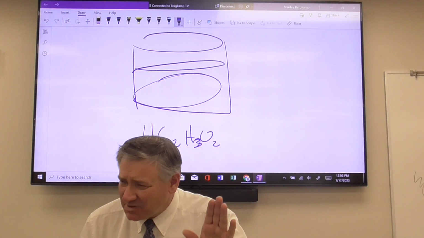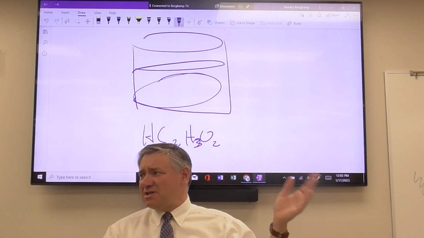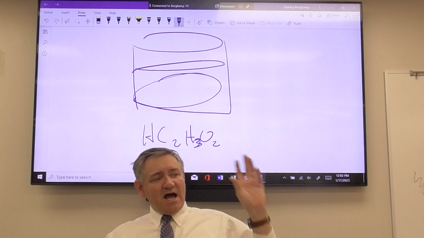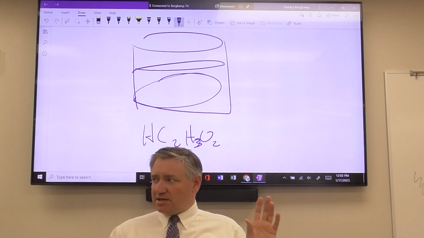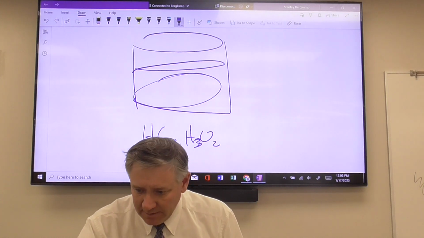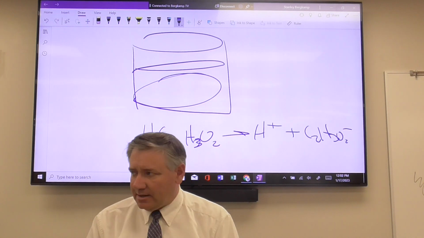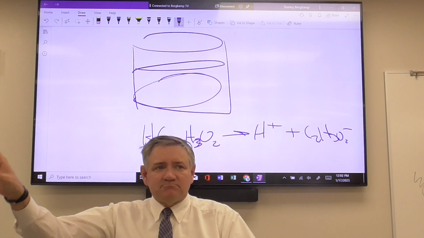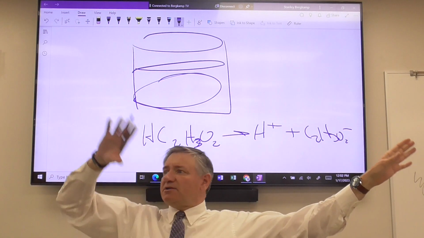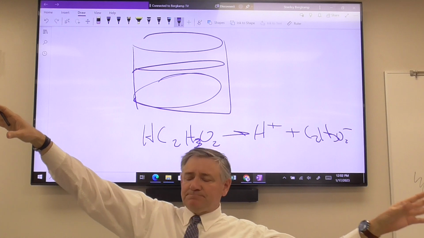It ionizes a little bit, about 3%, not very much at all. The vast majority of this thing is existing as the molecular form, okay? And you got some hydronium ions and you got some C2H3O2 anions. You got a little bit of this, not very much. Most of it's in the molecular form because it's a weak acid, okay?